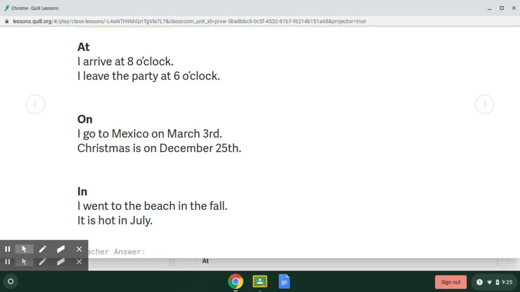In the first sentence we're referring to a season. In the second sentence we're referring to an entire month, July, right? So we would use the preposition in when the time we're talking about has to do with a season, an entire month, basically anything longer than a day.